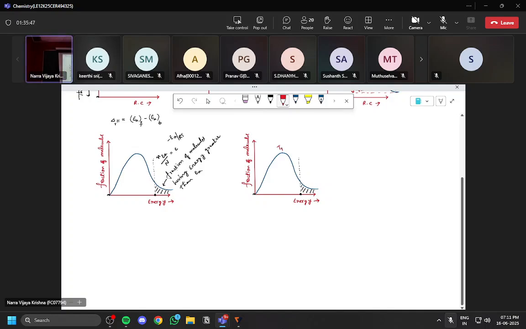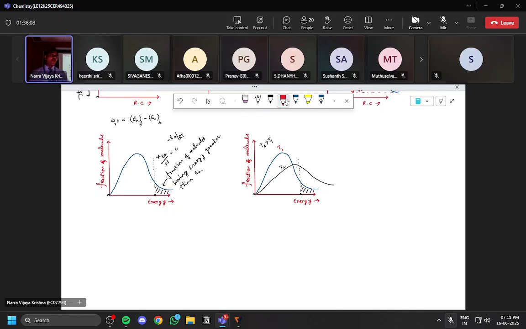Does the total number of molecules change? But their energies will change, right? Which means the area under the curve doesn't change, but the peak moves to higher values. So the graph will be something like this. This is at a temperature T2. T2 is greater than T1.